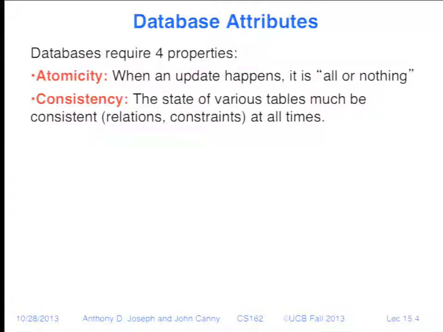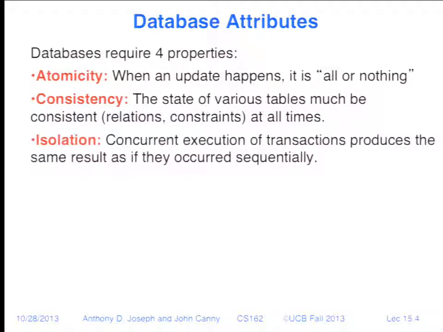Consistency means that the different tables that might be linking to each other have to be consistently set and remain consistent throughout every transaction. Isolation implies that even when things are happening concurrently, there's a simple sequential interpretation, and basically those complex updates are the same as some kind of serialization of the updates.